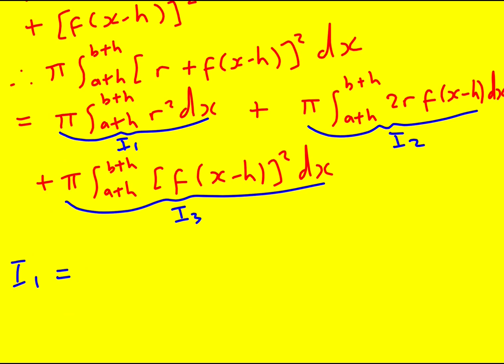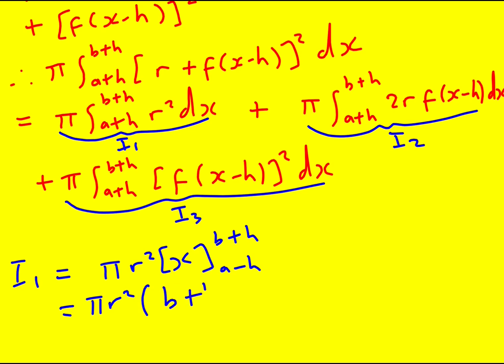So I1, I can integrate directly. Now remember, r squared is just a constant, so it's going to be pi r squared. I can bring out the constant and then integrate, which will leave me with x, and I'll get b plus h, a minus h. So it'd be pi r squared, b plus h minus a minus h.